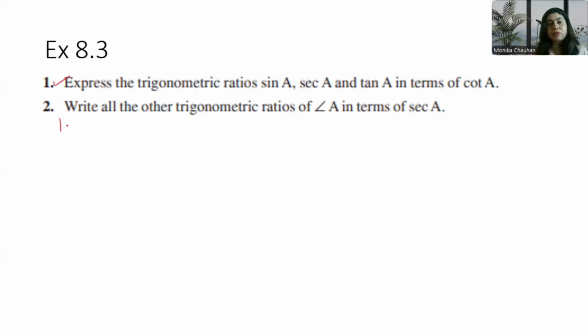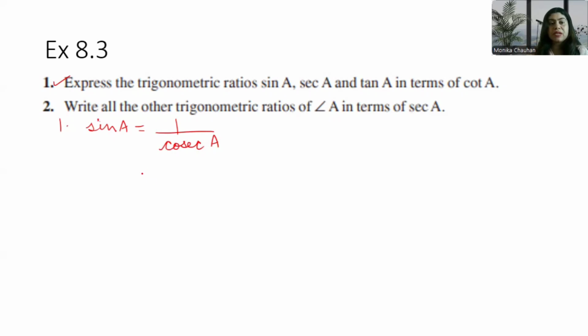I'm going to solve the first one. So how do you write sine A? Whatever you know for sine A, you know that cosec A is the reciprocal of sine A. So at least you write like that, because somewhere cosec and cot A are related. That's why I'm writing like this, because I cannot just go with sine A. Cosec and sine are in a reciprocal relationship.